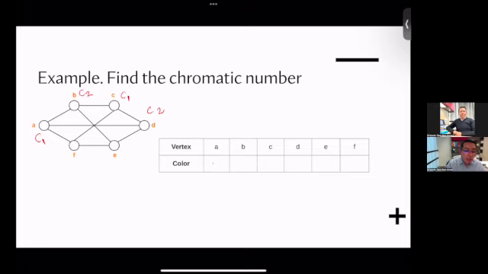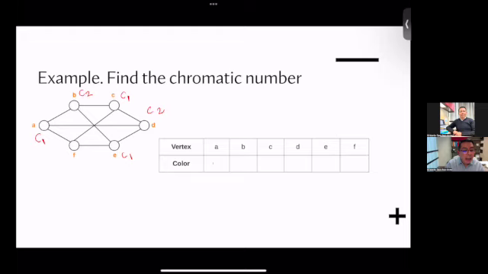So I move to E. In the case of E, I again consider C1, and I see that C1 is used in A and in C, but none of those vertices are connected with E. So I definitely can use C1. Then I move to F, which is the last vertex of my graph.